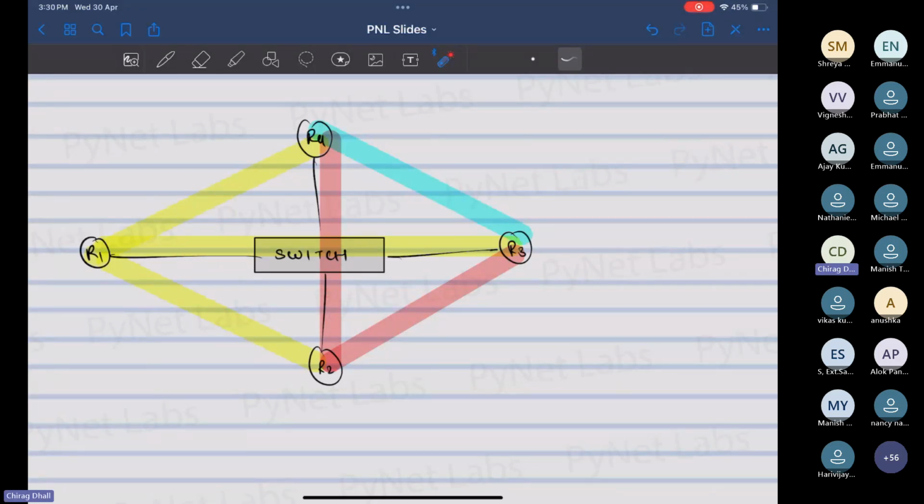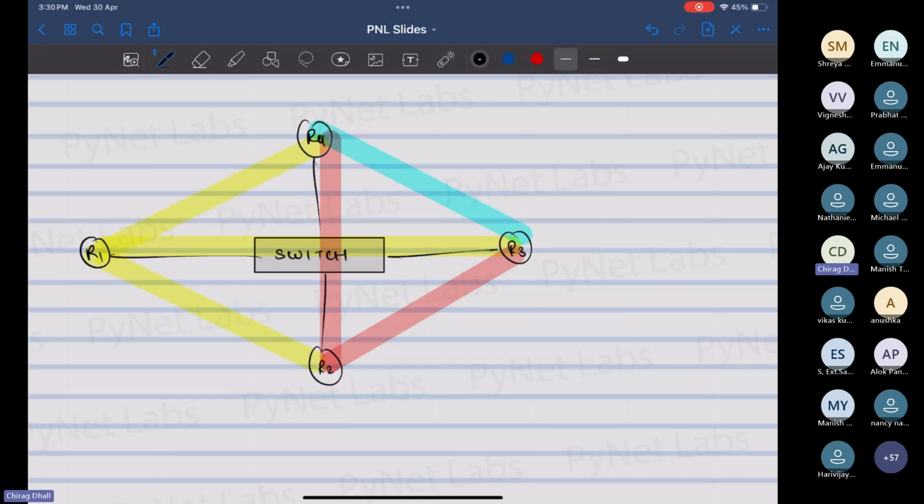And there is a formula which we can use for calculating this.